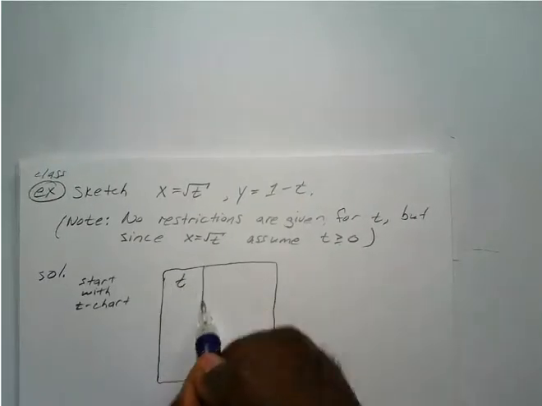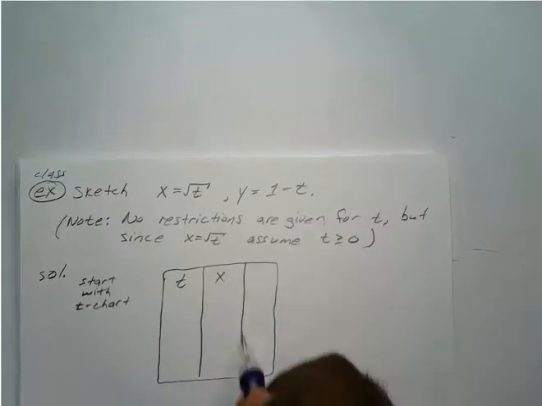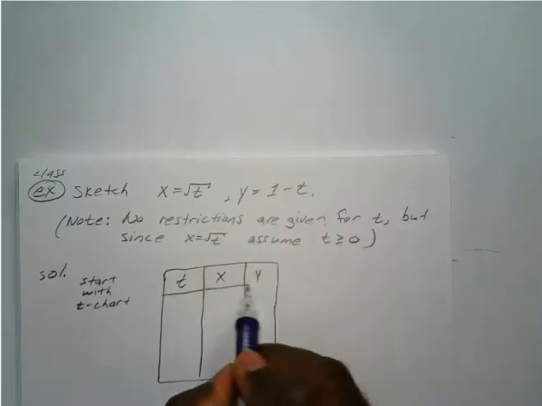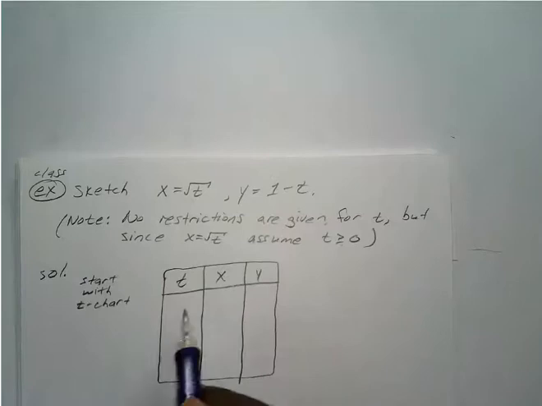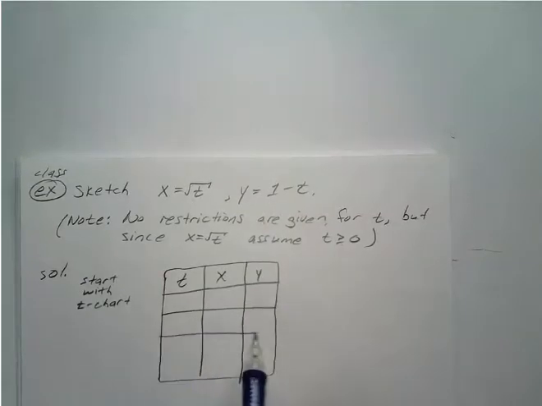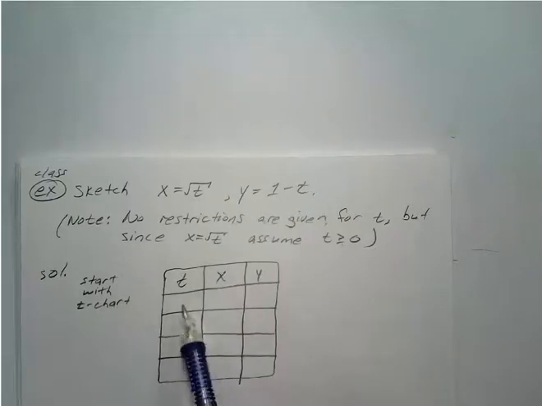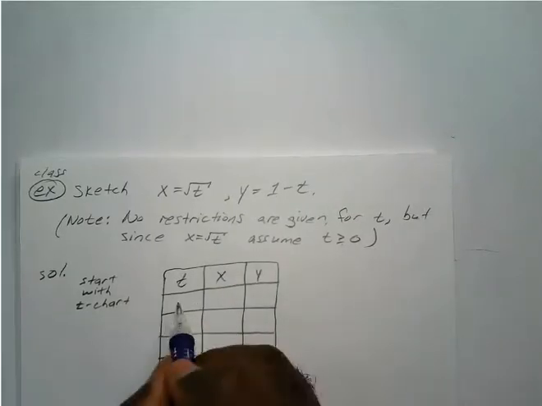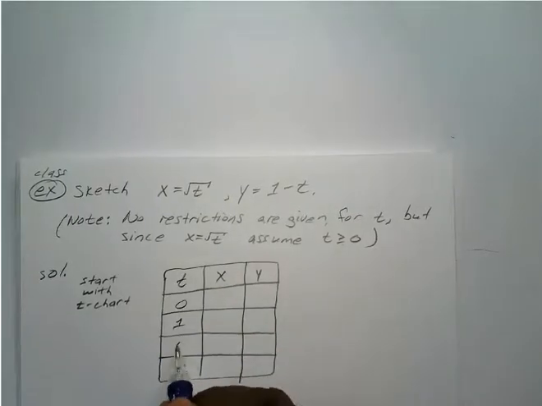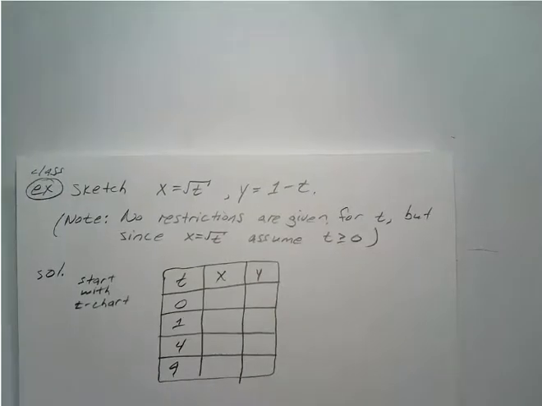Okay, you have your t, you have your x, and you have your y. And fill out a few spaces here. Again, because of the square root, decide to pick perfect squares. You have 0, 1, 4, and 9.